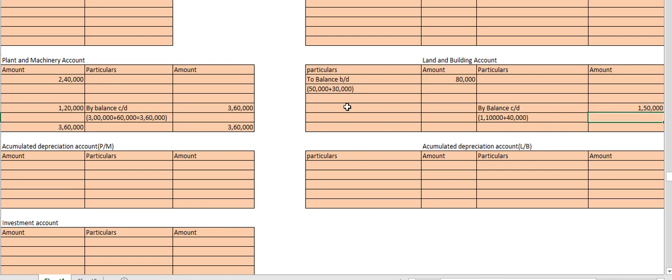Now here also we have a debit balance, the balancing figure. So to bank account, which we'll consider to be the purchases. So it is 1,50,000 minus 80,000, which gives 70,000 as your answer. So the total is 1,50,000.